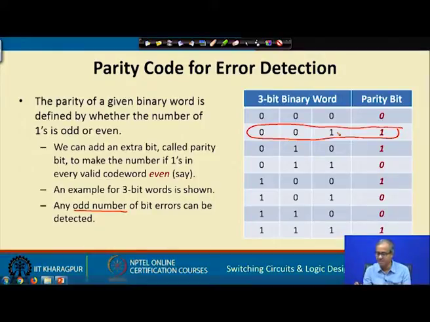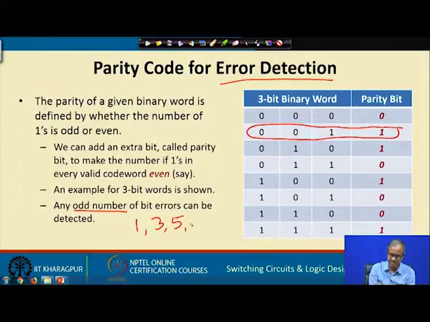So, if I have a checking mechanism where I check whether the number of ones is remaining even or not, any odd number of errors will make the number of ones odd. So, it can be detected. So, I can use it for error detection, very simple mechanism. Not only single bit errors, but rather any odd number of bit errors, single error, 3 errors, 5, etc.